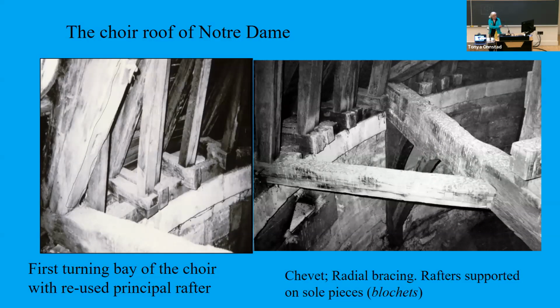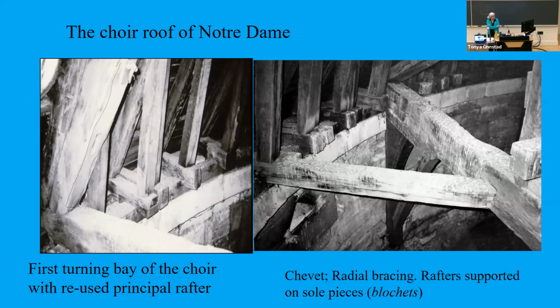And this is the choir, the detail of the choir, beginning at the turning bay. And in the last straight bay of the choir, I couldn't photograph this, is a tie beam, and the other beams radiate out in a circle.